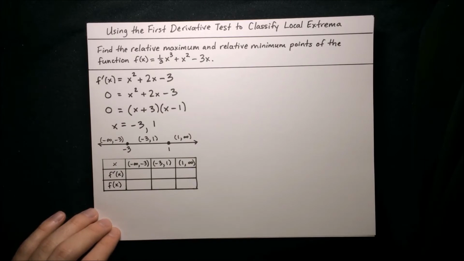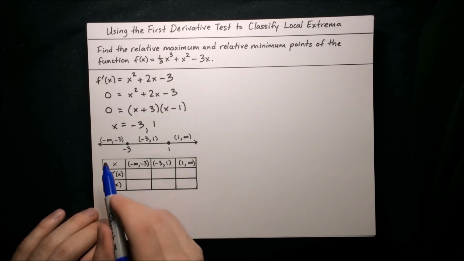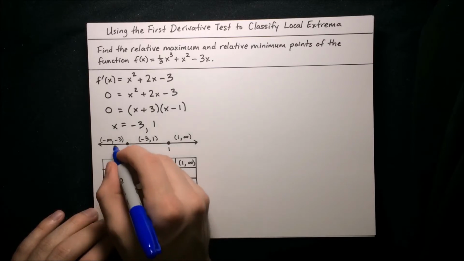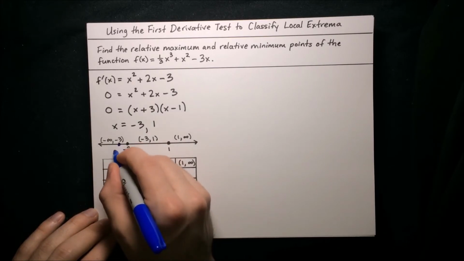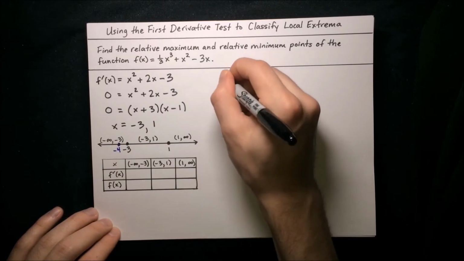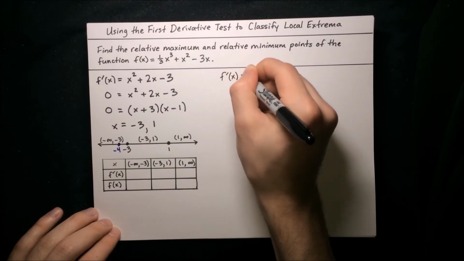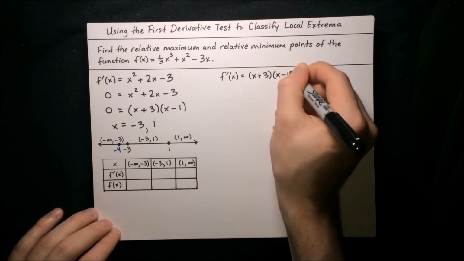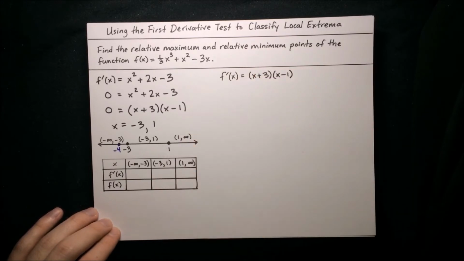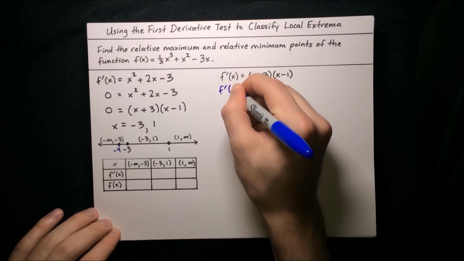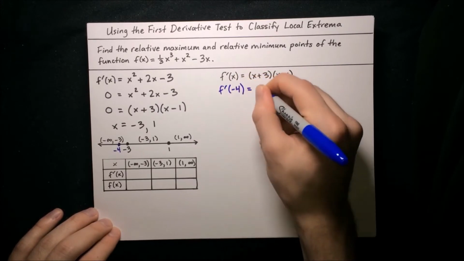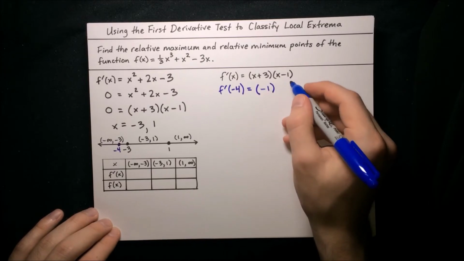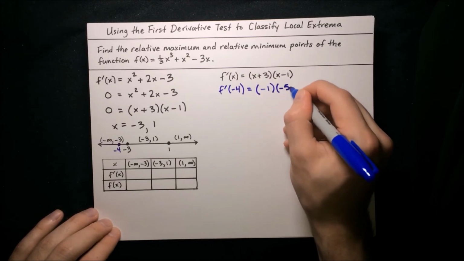Now let's go through and choose test points. In the first interval, from -infinity to -3, how about a test point of -4? Since f prime of x is equal to x plus 3 times x minus 1, as we saw when we factored, we know that f prime of -4 is equal to -4 plus 3, which is -1, times -4 minus 1, which is -5.